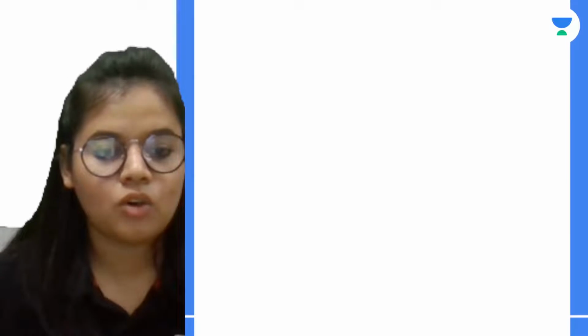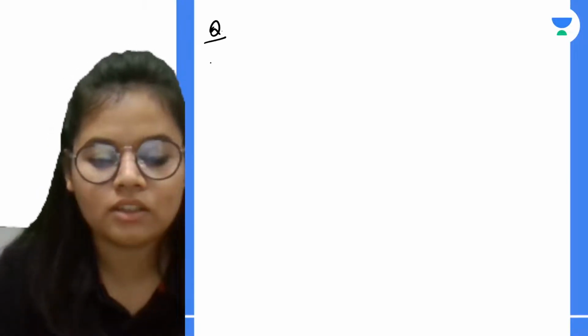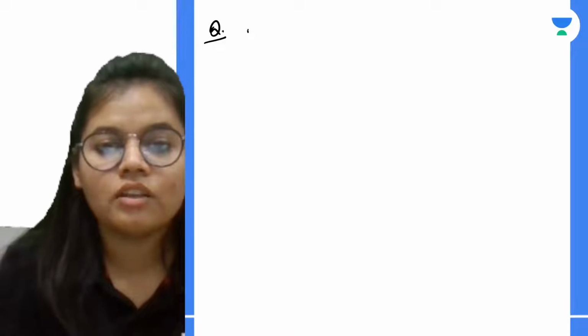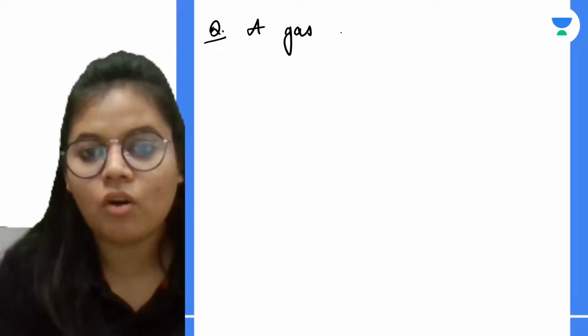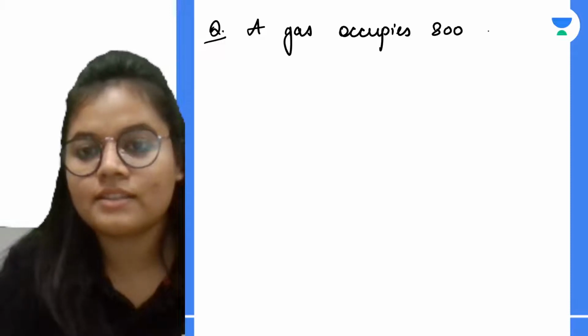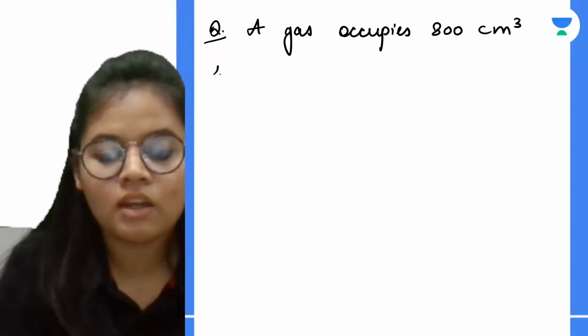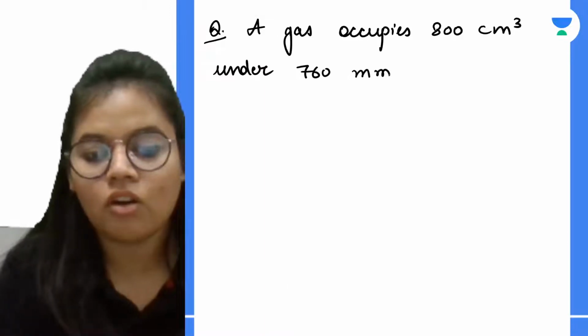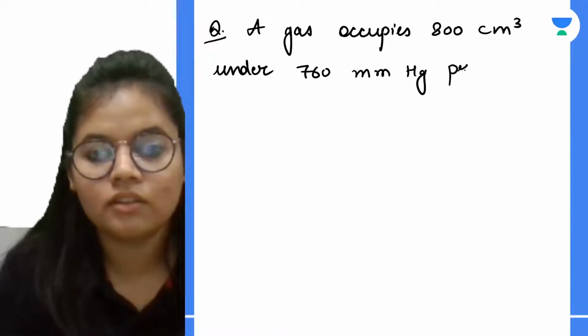Let's go with a numerical or two to understand this law better. I'll be writing the question, and if you guys can solve it, please do let me know. The question is: a gas occupies 800 centimeter cube under 760 millimeter of mercury pressure.